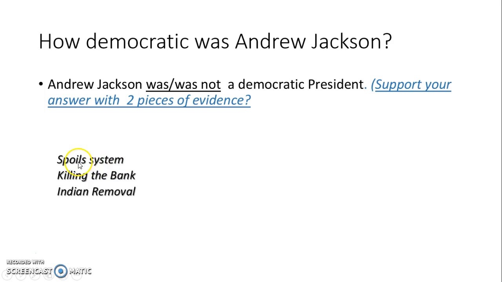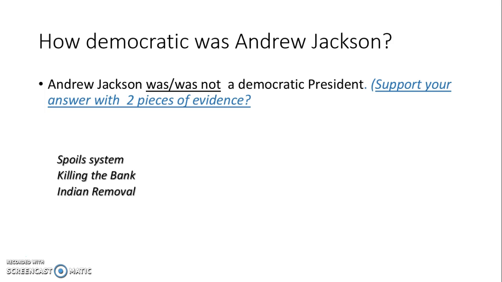All week we've been talking about the two sides of the spoils system. Is this something that helped people, or was it something he did on his own to make himself more powerful? Killing the bank. Was this something that helped people, being democratic? You need to tell me why. The spoils system, you need to explain why. The Indian Removal Act, explain why. For instance, I think Andrew Jackson was not a democratic president.